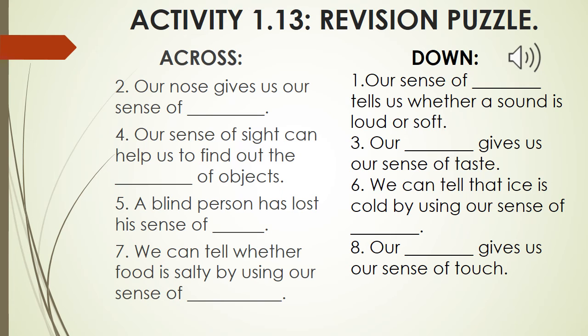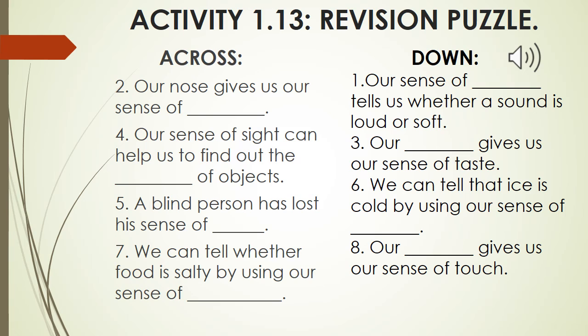His sense of sight. Clue number 7, we can tell whether food is salty by using our sense of dash. What do we use to tell the taste of something? Obviously, the sense of taste tells us about the taste of something. Now these are the clues of across which you have to write horizontally.